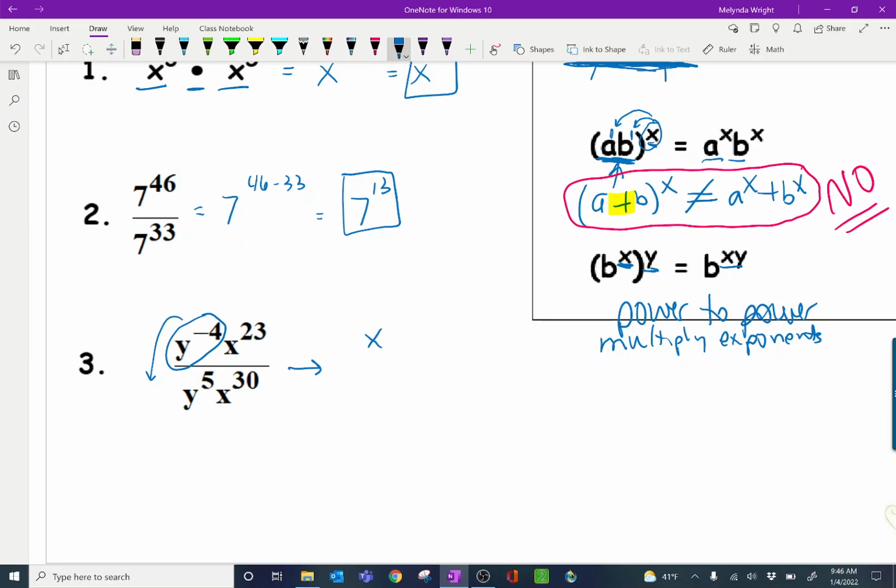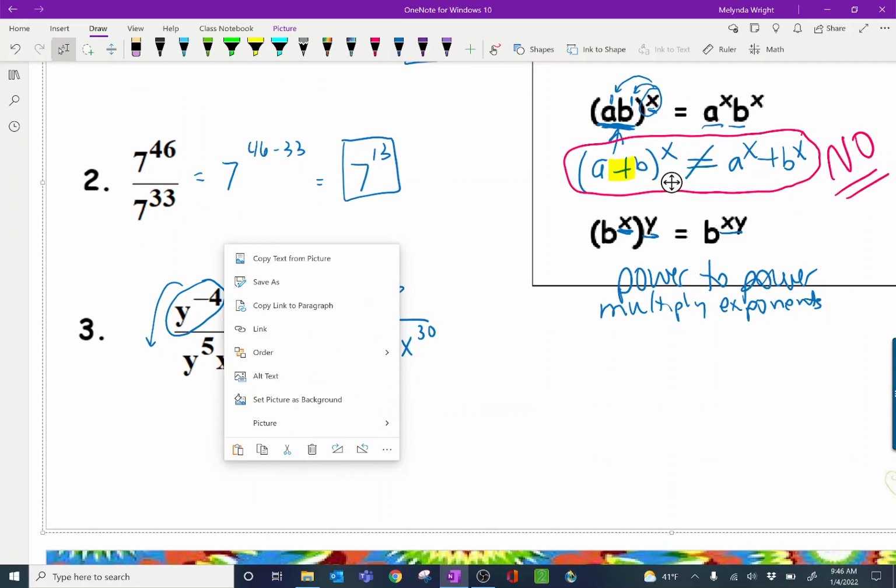All right, so that leaves me x to the 23 over y to the 4th, y to the 5th, x to the 30th. Now what I want to do is combine the bases that are common.